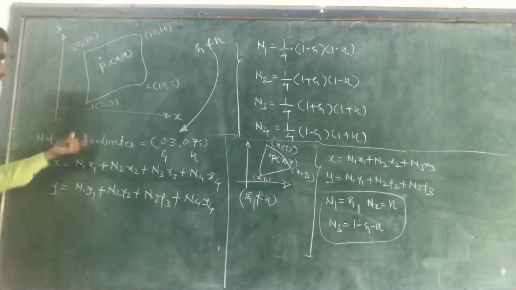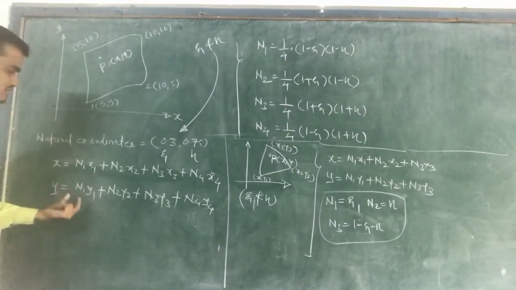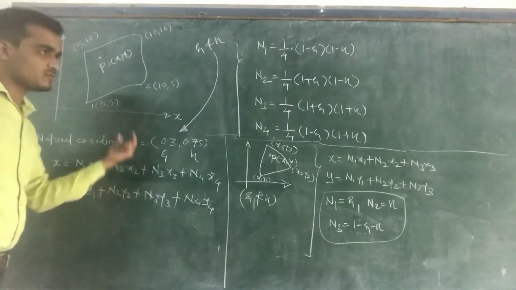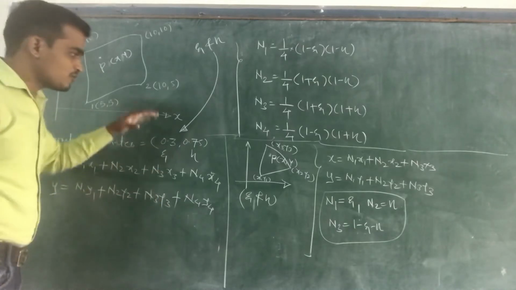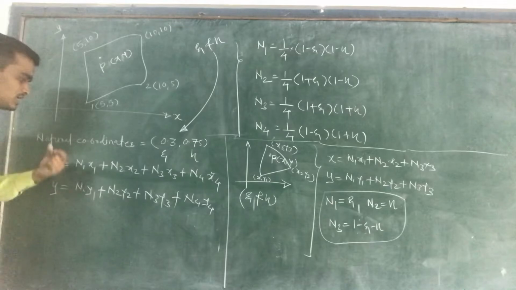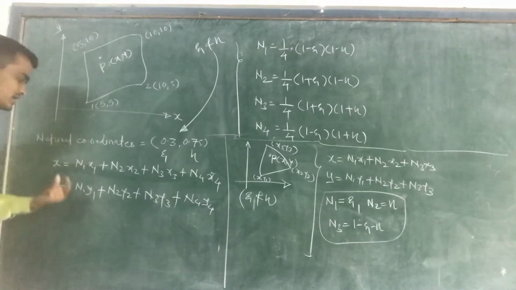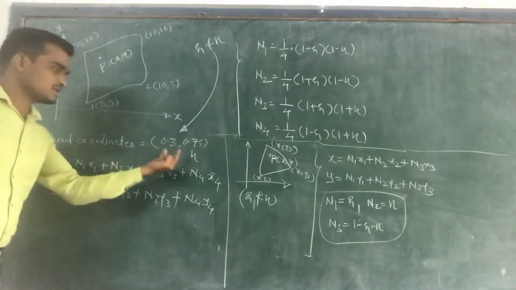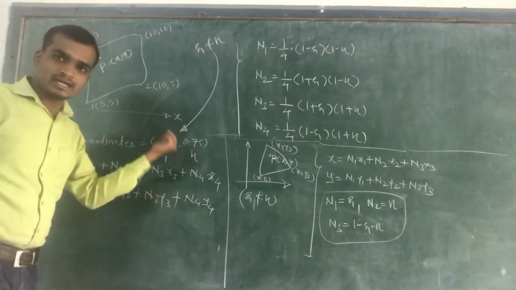But for a quadrilateral or rectangular element, this example will be asked for 4 marks as well as for 8 marks. For 4 marks, it will be asked as: find the global coordinates if the natural coordinates, zeta and eta, are given. This is one category.